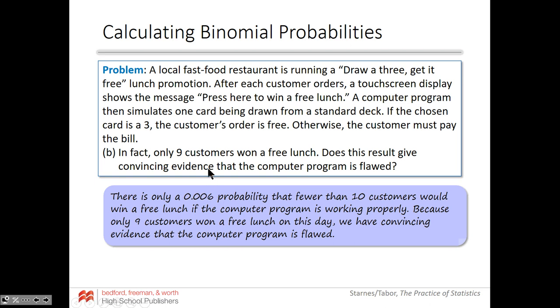If this is what actually happens, then we have convincing evidence that the computer program is flawed, and that essentially the computer program is not really simulating one card being drawn from a standard deck. It's like rigged, right?